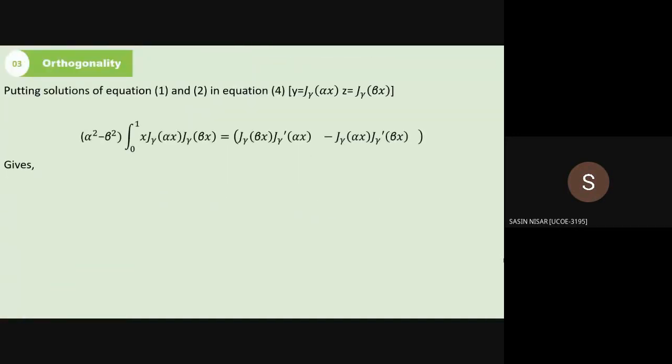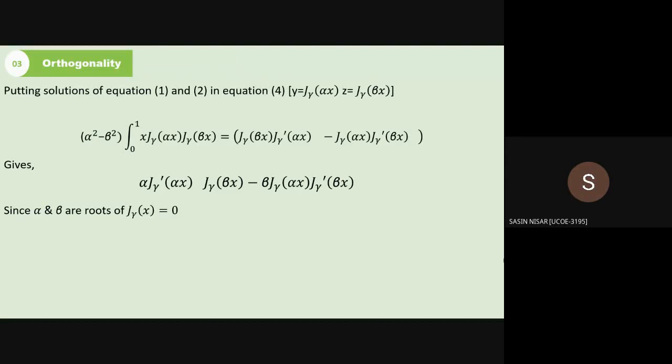Putting the solutions of 1 and 2 in equation 4, which is y equal to J gamma alpha x, z equal to J gamma beta x, we get alpha J gamma dash alpha x J gamma beta x minus beta J gamma alpha x J gamma dash beta x.